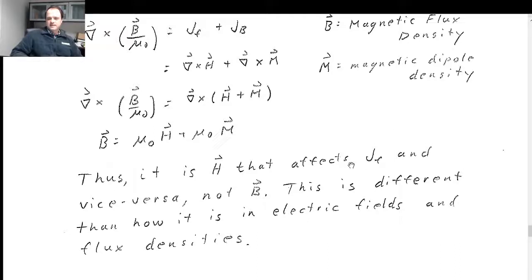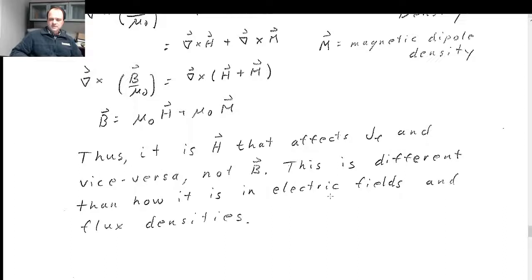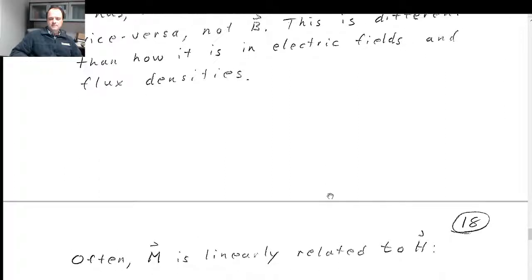But it's H that is affected by and affects the free current, whereas B is affected by the total current. This is different than it is in electric fields and fluxes. It's interesting that it was done that way, but that's the way it's done.